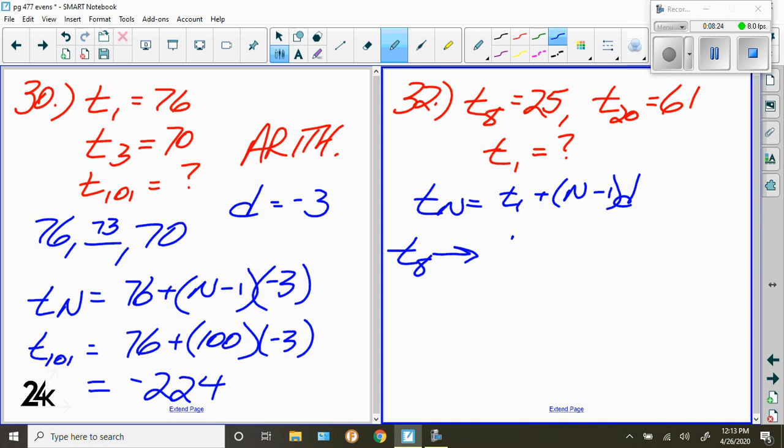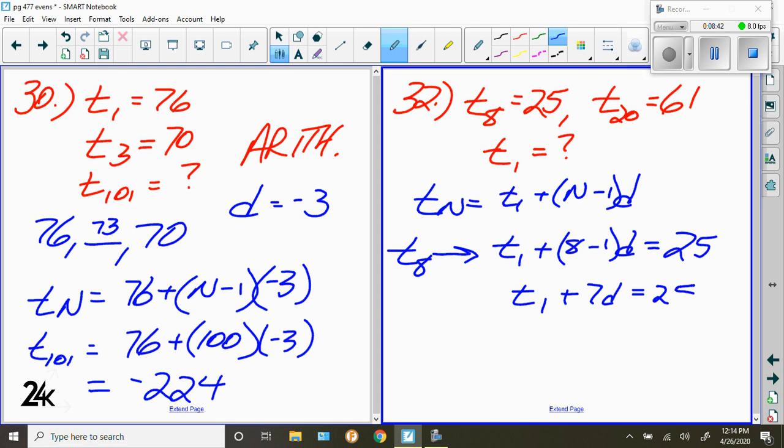the first term, no clue what that is. I do know what n is. It's 8 minus 1 times d. And I know what that answer is. It's 25. So it's going to be the first term plus 7d equals 25. And now I got to change colors, and I'm going to do the same thing for the 20th term.